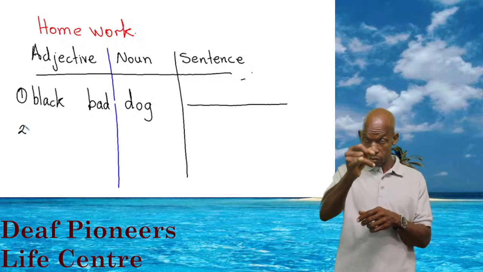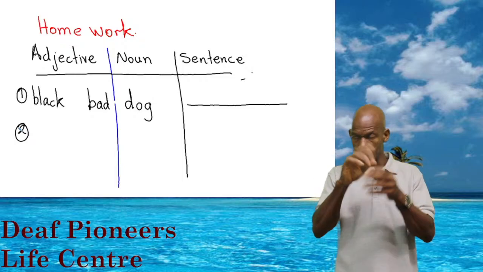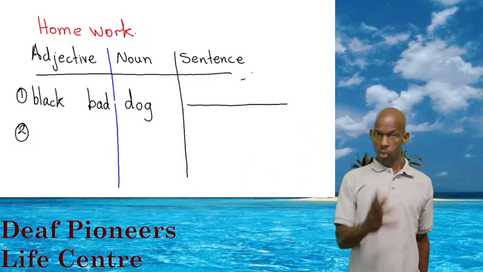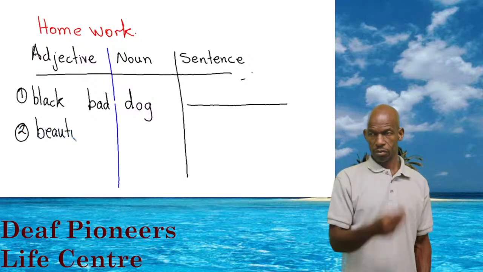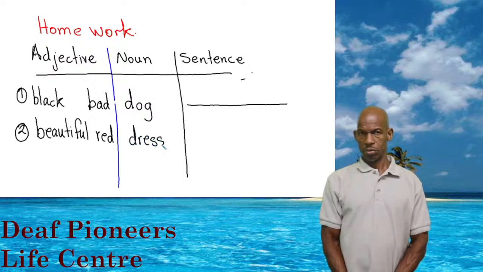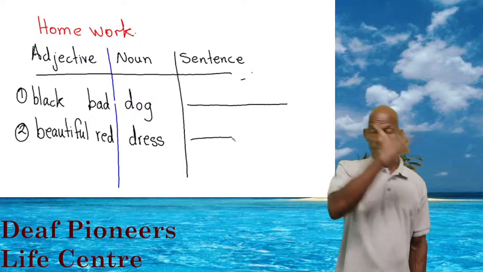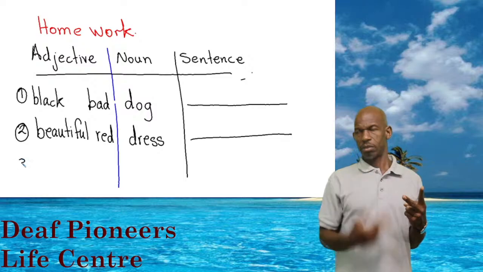Next one. I have beautiful, red. And my noun is dress. I want a sentence. Next one, number 3.